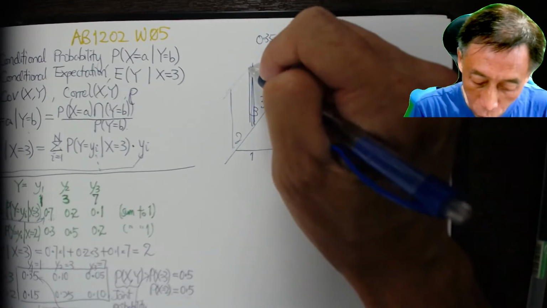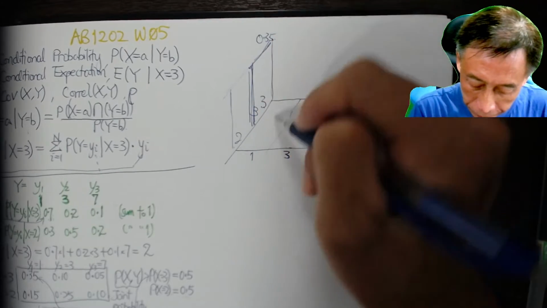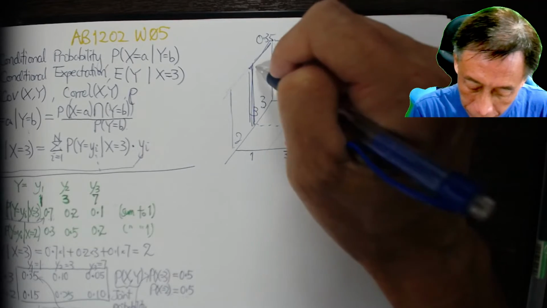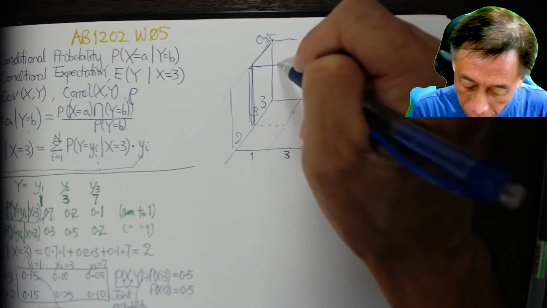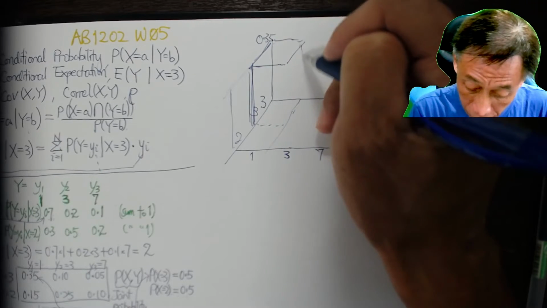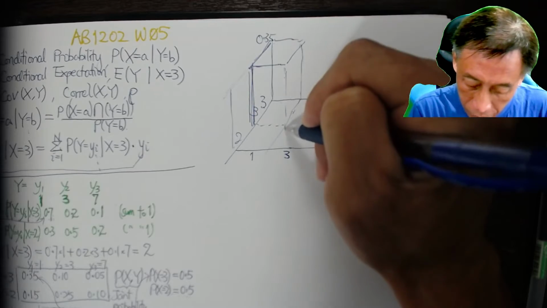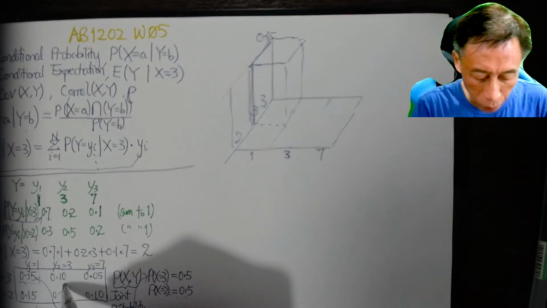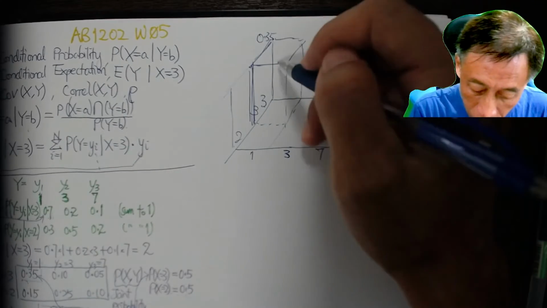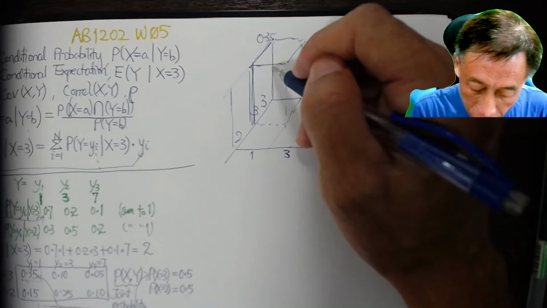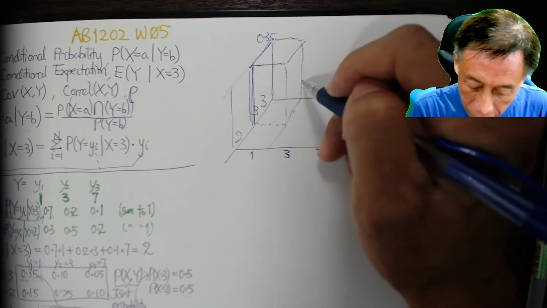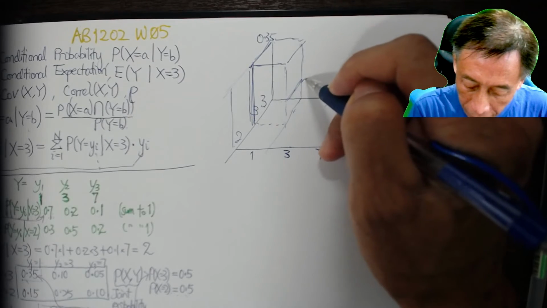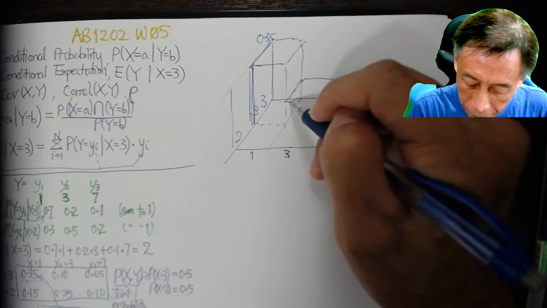Okay, so we do reach this height. Like this. Just give me a moment to roughly estimate the height here. Okay, that's for this particular cell. Next we have 0.1 and 0.05. So if this is 0.3, then 0.2, then 0.1. So roughly here, this is going to be our 0.1 height at the back, like this.